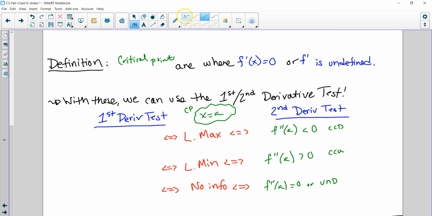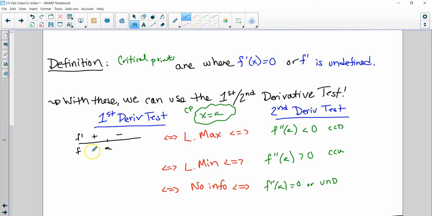With the first derivative test, that's where we actually ended up making those charts where we had f and f prime, and here was a, and what we would see is that the derivative for a maximum would go from being positive on the left side of a to going negative on the right side.